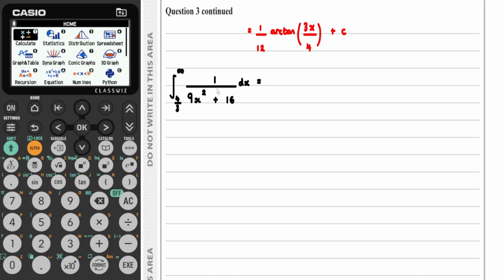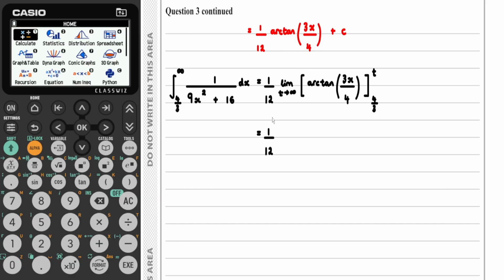So the integral of 1 over 9x squared plus 16 with respect to x from 4 over 3 to infinity will equal, if we use what we have here, 1 over 12 times the inverse tan of 3x over 4. Now because we've got an improper integral, we need to take the limit as t tends towards infinity, and the lower limit will stay the same as 4 over 3, but the upper limit now will change to t.